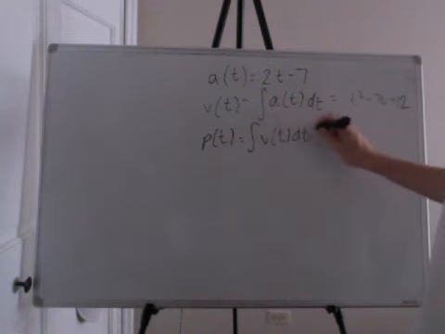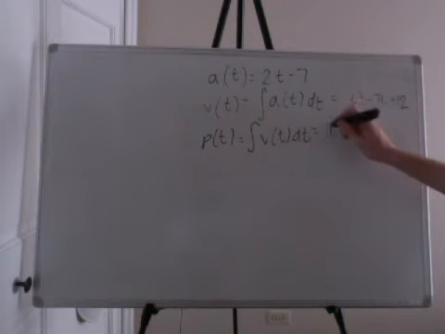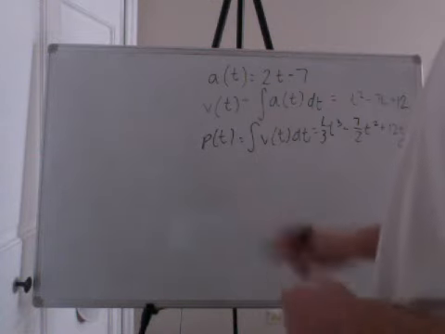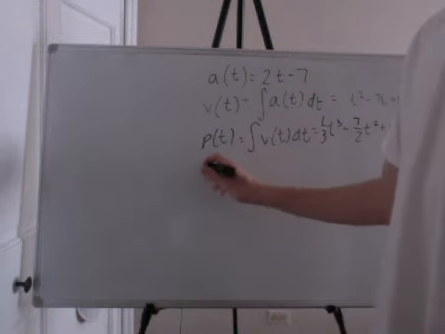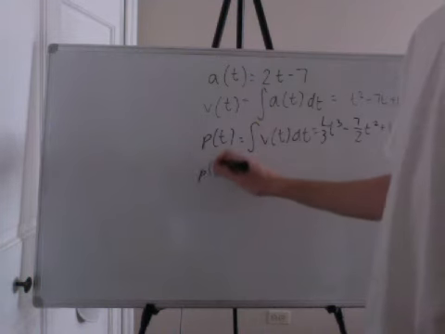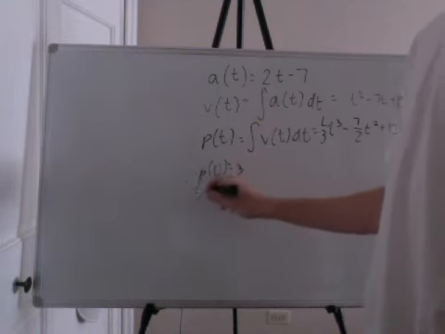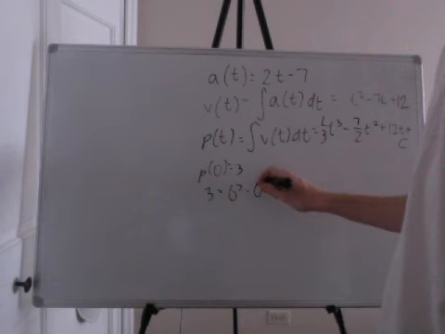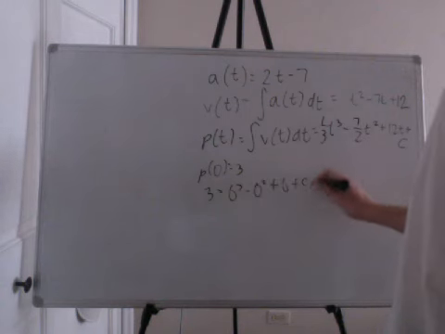It's going to be up 1, so it'll be t cubed, but it'll be 1/3 in front to cancel out the power rule, minus 7 over 2 t squared, and you get used to doing this in your head, plus 12t plus c. If the initial position is 3 feet, then once again we say p of 0 equals 3. So 3 equals 0 cubed minus 0 squared plus 0 plus c, then c equals 3.